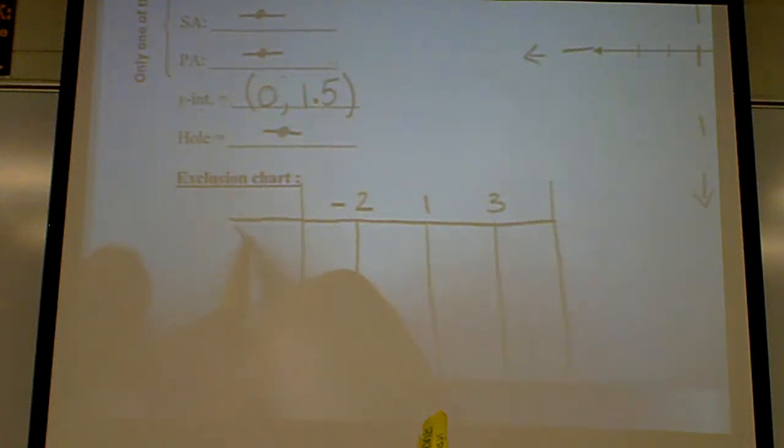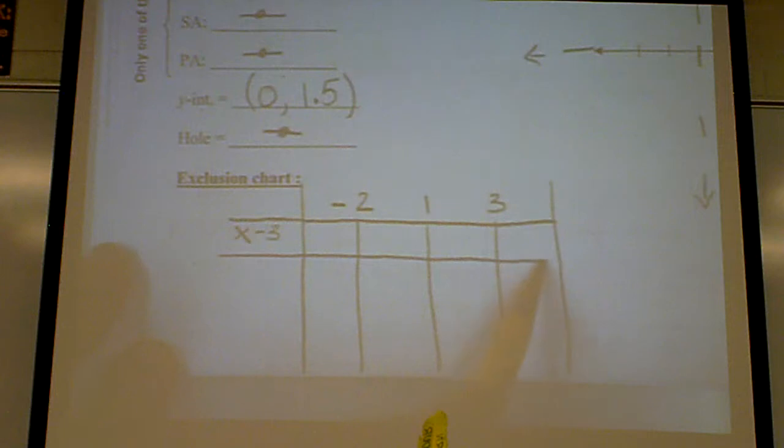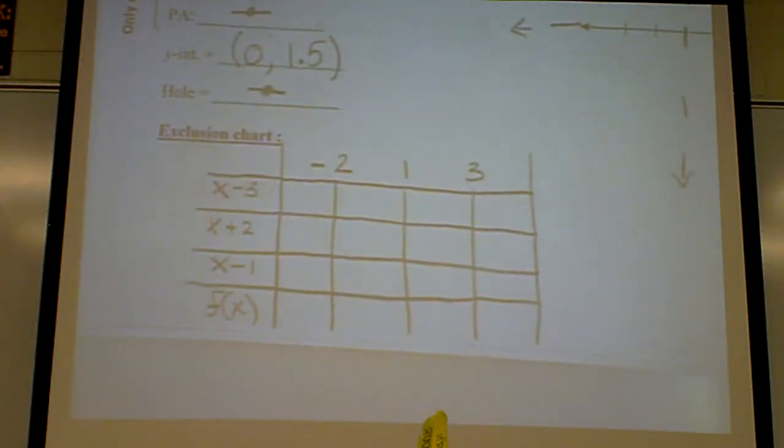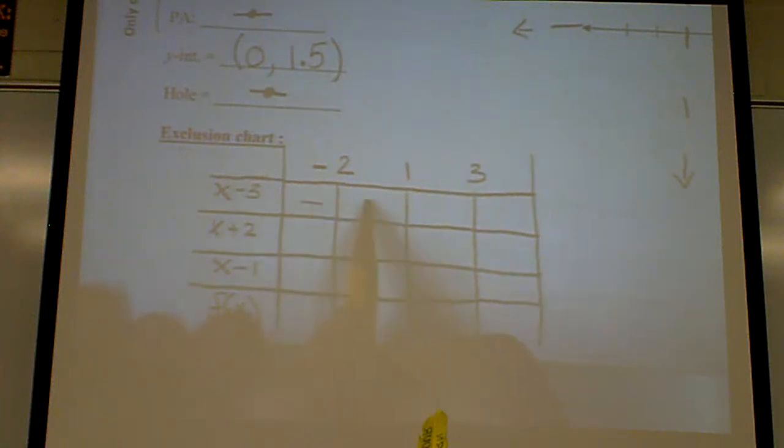I have x minus 3, x plus 2, x minus 1, and then f of x on the bottom. So what do I fill into that first row, x minus 3? Negative, negative, negative, plus.